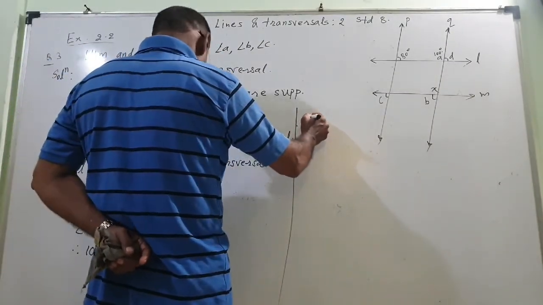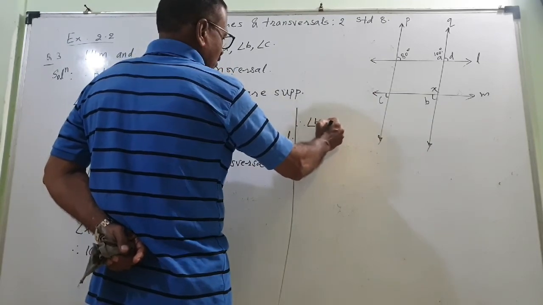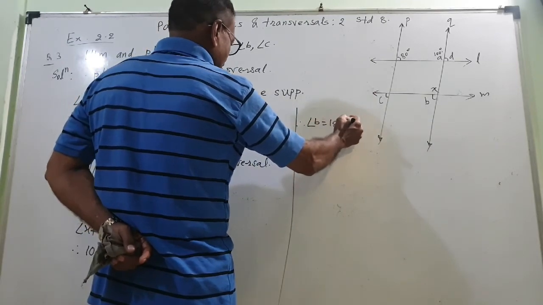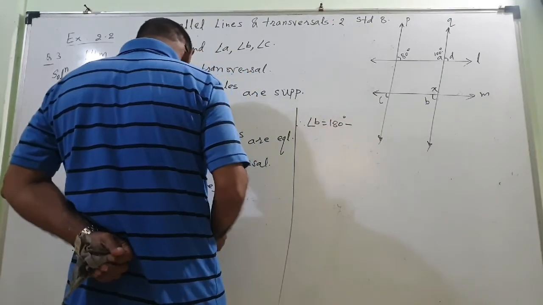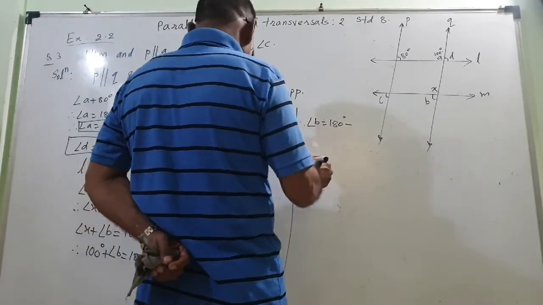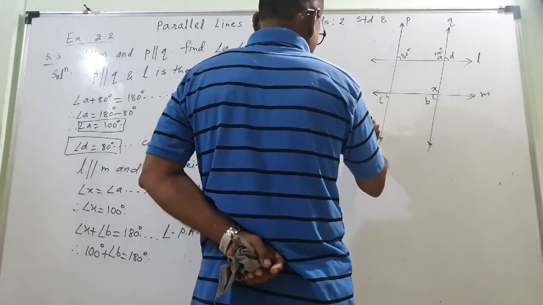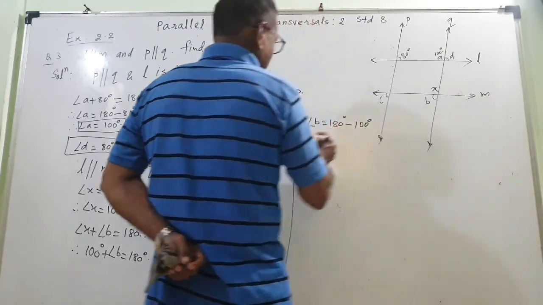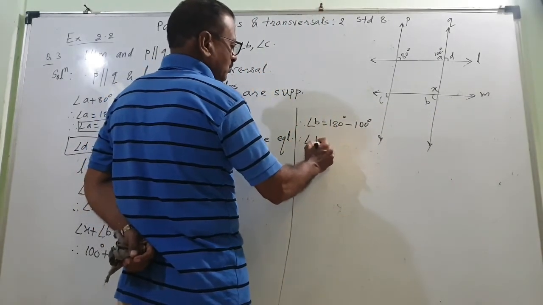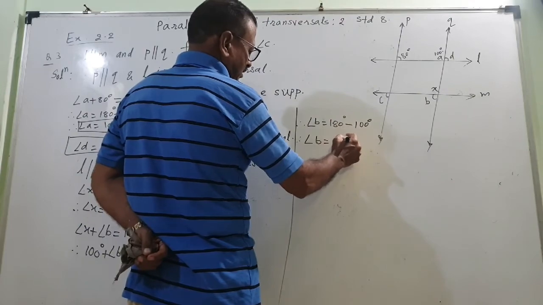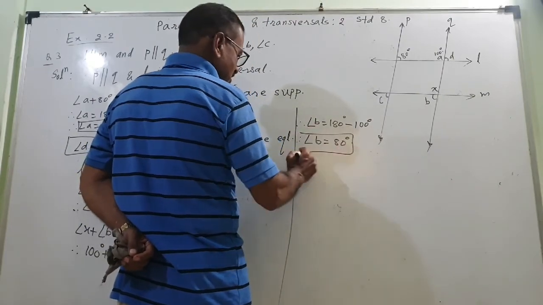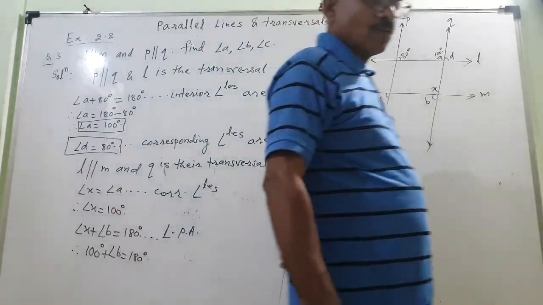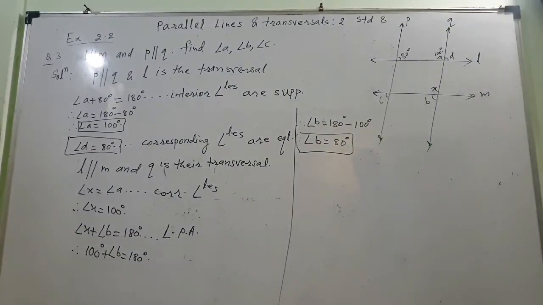Therefore, angle B is equal to 180 degrees minus 100 degrees. Therefore, angle B is equal to 80 degrees. So this part is also over. Hope that you have understood this all.